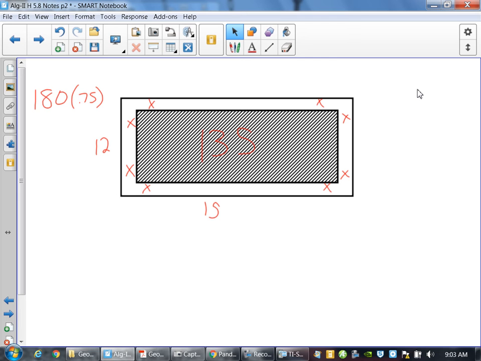So what we need to do is we need to figure out how do we write that up for the dimensions. Well, in this case, I need to find the dimensions on the inside. Very good. It'll be 12 minus 2x, 15 minus 2x, and I have to set that equal to 135.